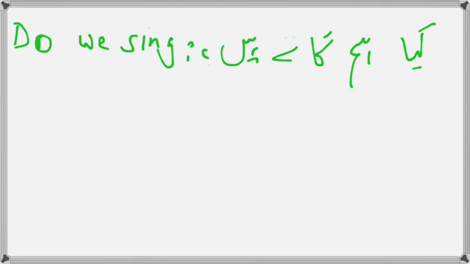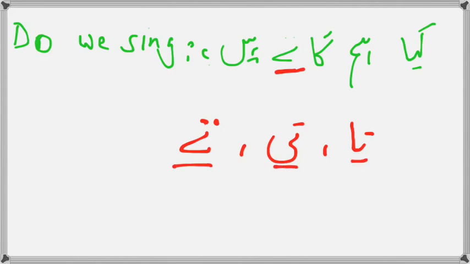So ladies and gentlemen, this is how we use present simple tense in Urdu. Let us recap. Usually we use ta, ti and te. So if at the end of the verb we have got ta, ti or te, then we can say that the sentence is in present simple tense.